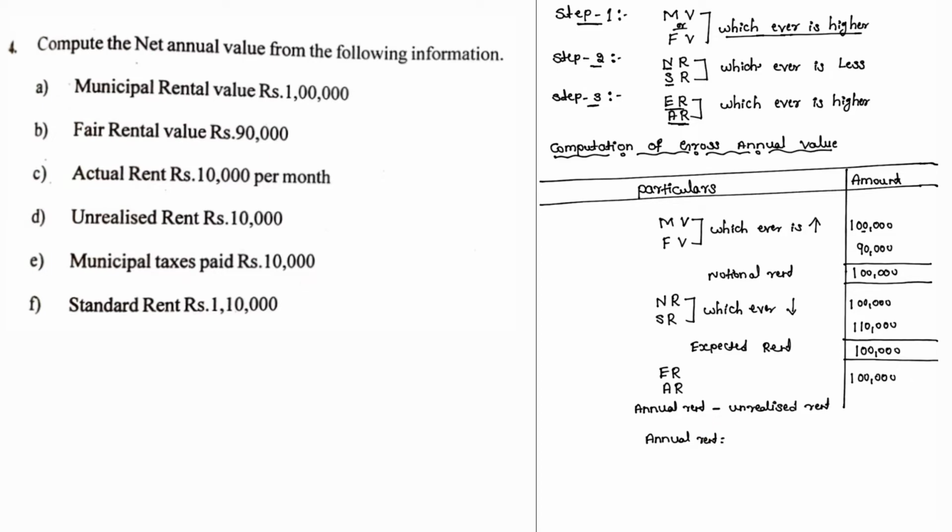For each month they are paying 10,000, so into 12, we'll get 1,20,000 as your annual rent. 1,20,000 annual rent minus unrealized rent given in the problem, 10,000. If you deduct, you will get actual rent 1,10,000.